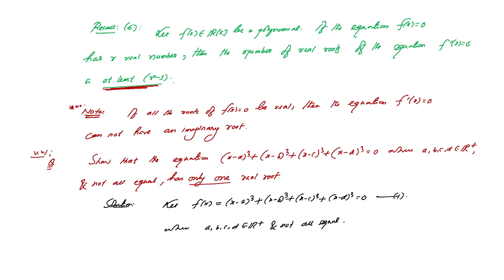Since the degree is 3, this is an odd number, so it must have at least one real root. Or you can say it has either only one real root or 3 real roots, since the degree of f(x) equals 3, which is odd, so it must have at least one real root.